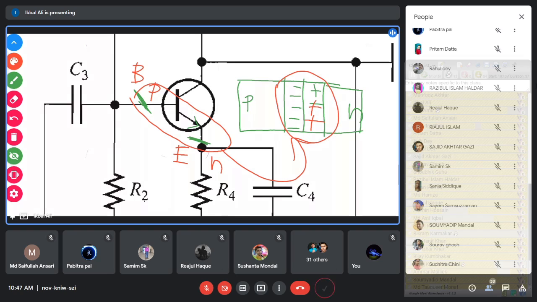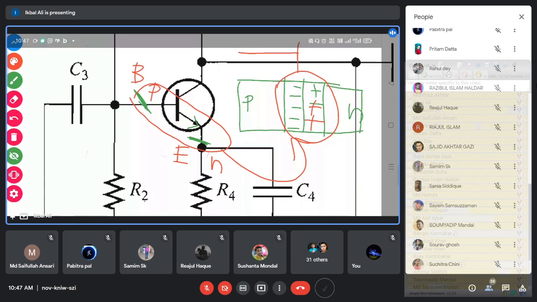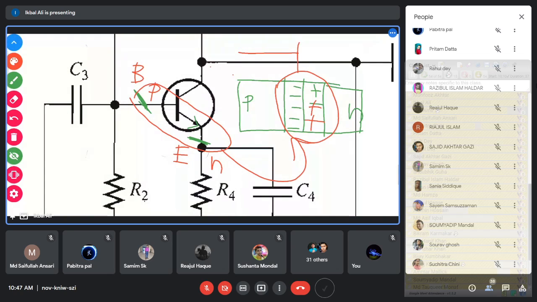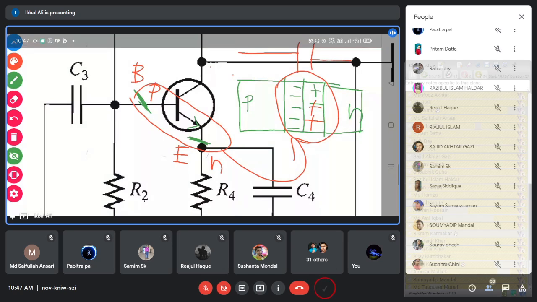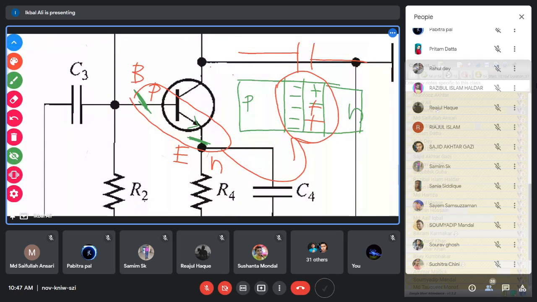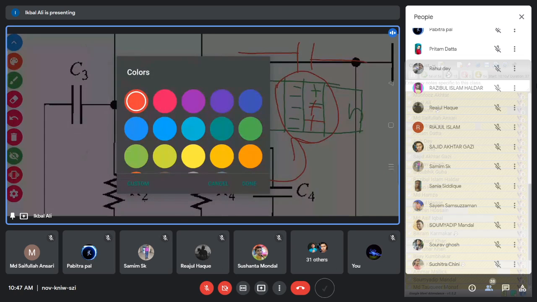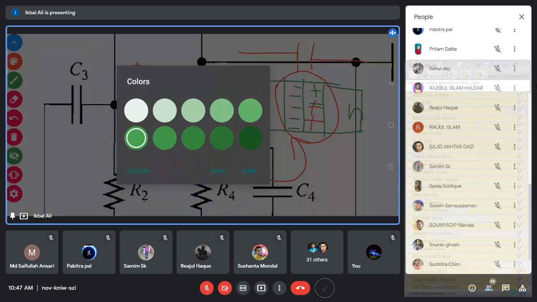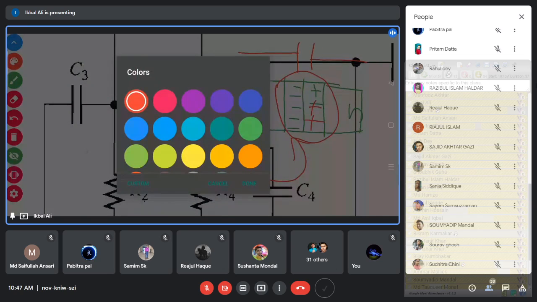So definitely between base and emitter, you have a capacitive effect. That means between base and emitter, you should have a capacitance across the junction. There is no doubt, because there is a junction, and a charge layer is there.